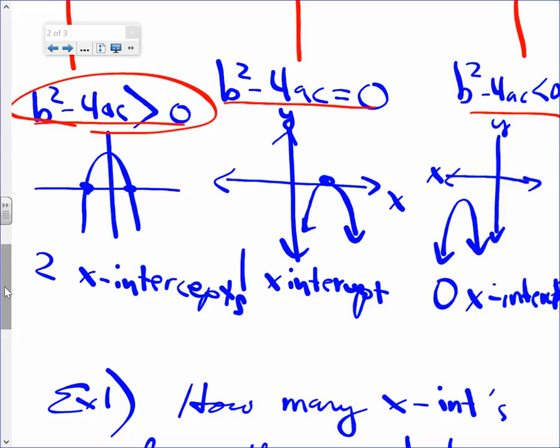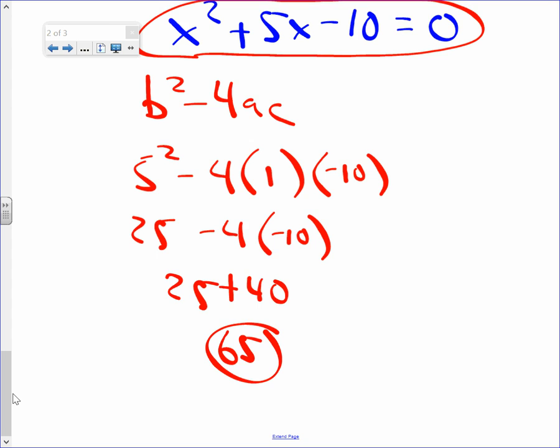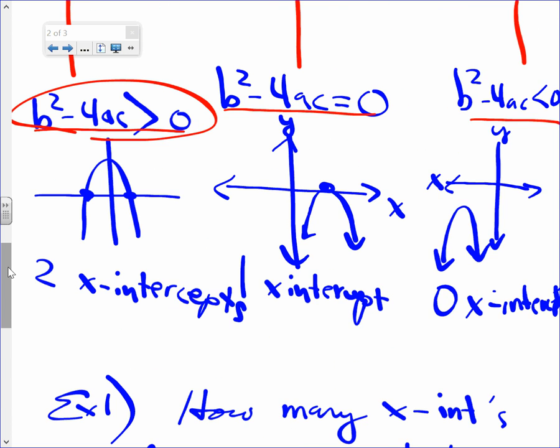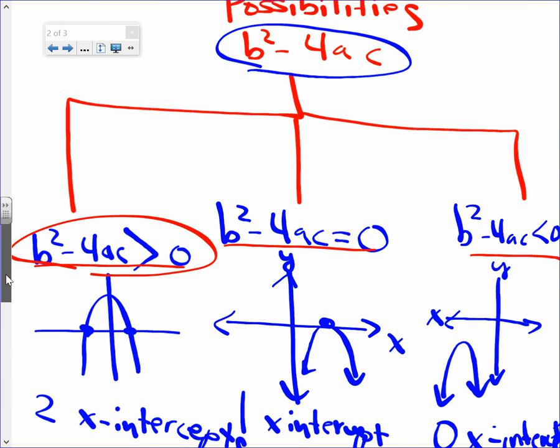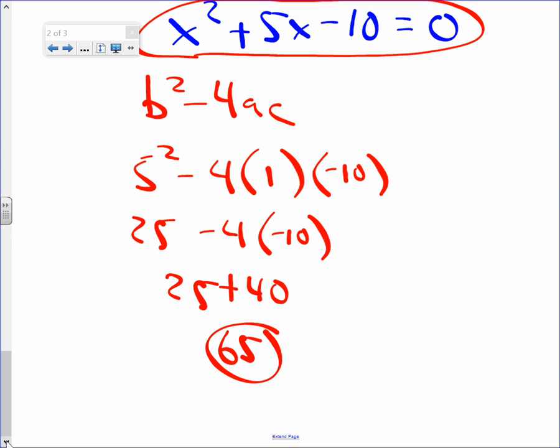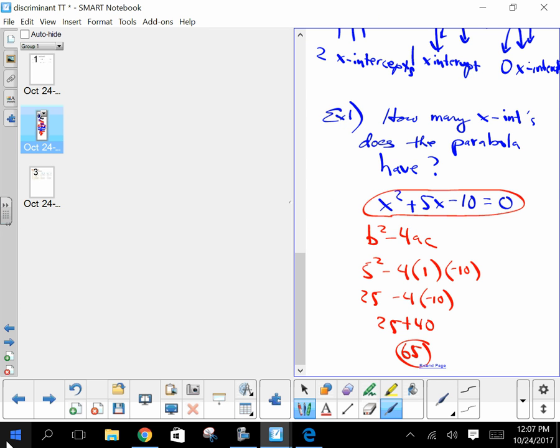If it's greater than 0, Gallegos, then we're dealing with this. If it was equal to 0, we're dealing with that. If it's negative, we're dealing with that. Good question. We're dealing with a positive number, so we're dealing with the first scenario on the tree map here. Questions?